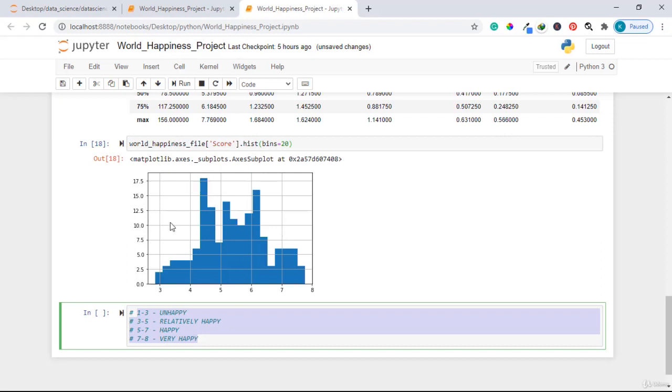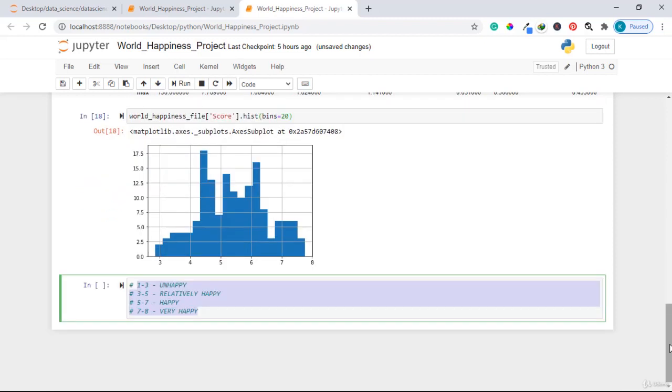So from our sample, we have very few countries which are very happy. Looking at the happiness score between 7 and 8, there are around 3 countries that are very happy in our data set. This is how you can understand if your data is balanced, so that when building the model, you don't build a model that is biased.